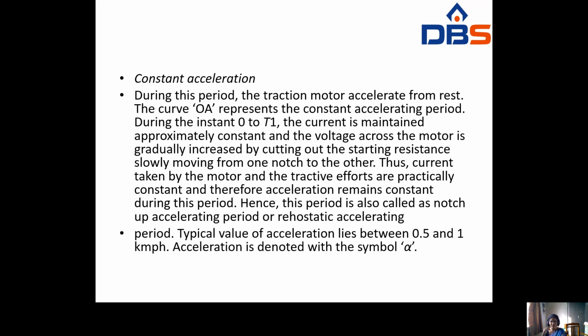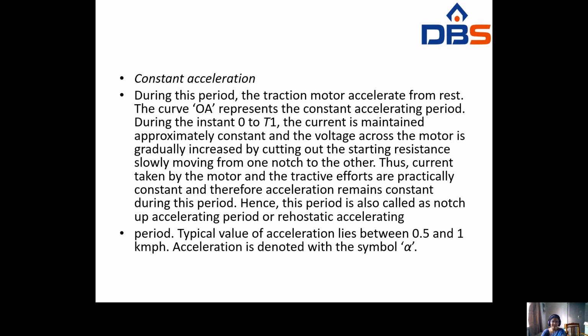So what is the constant acceleration period? Whenever the train starts from rest, that period is nothing but the constant acceleration. In the speed time curve, the curve OA represents the constant acceleration period. During the instant 0 to T1, the current is maintained constant, but the voltage is gradually increased.